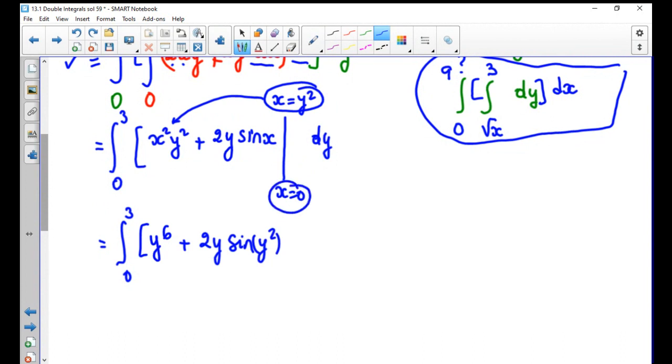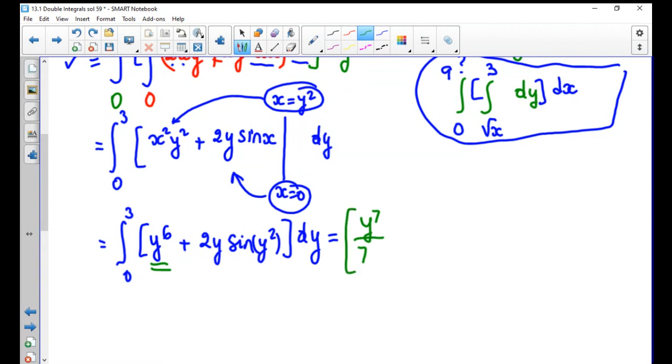And then when you put x equals 0, this is going to be 0. So that's all there is that we need to integrate with respect to y. Now, the first one is easy to integrate with respect to y. That will give us y to the power 7 over 7.